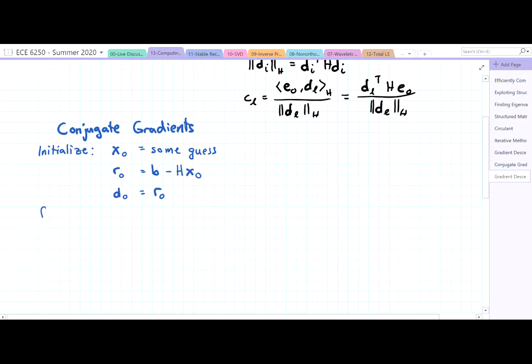Then we do a loop. k equals 0 to n minus 1. We first define alpha k is equal to rk transpose rk divided by dk transpose H dk. So these are all quantities that we have, and we compute that.